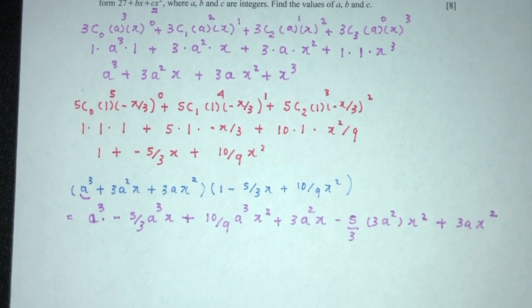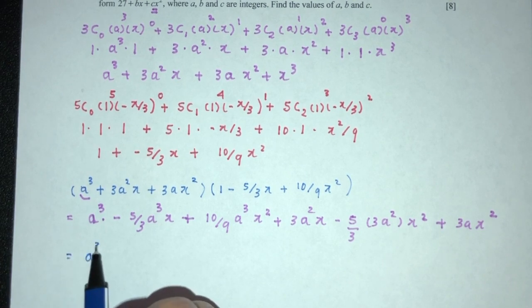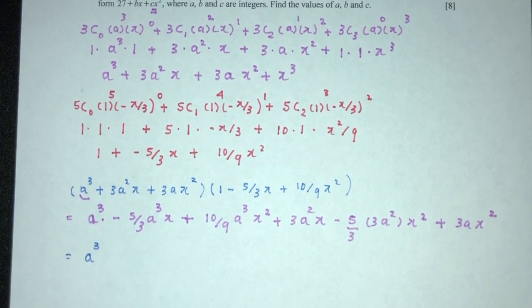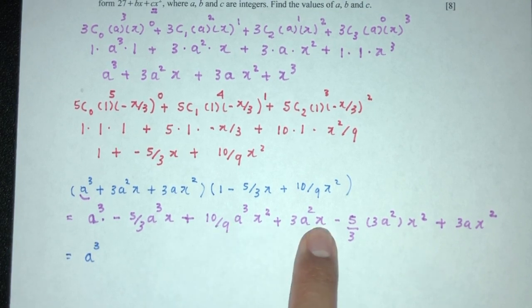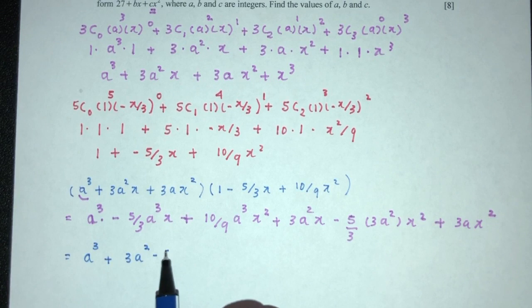Now we have to simplify. The first term is obviously a cubed, right? There is only one with no x. Now the rest, this one has x and this one has x. We can factorize them together, so that will be plus 3a squared minus 5 over 3 a cubed, times x.